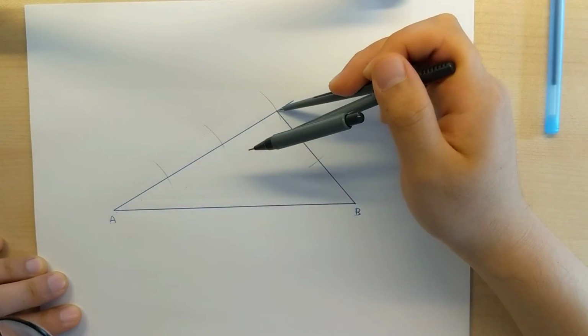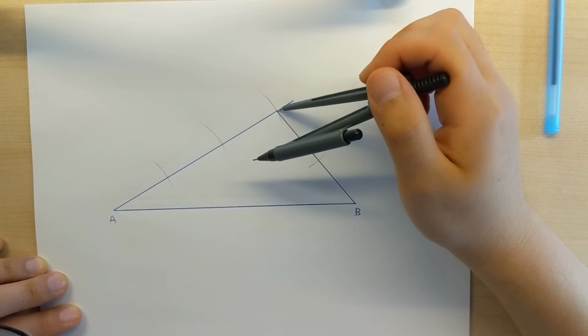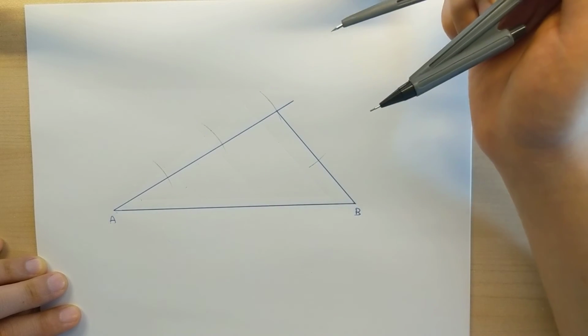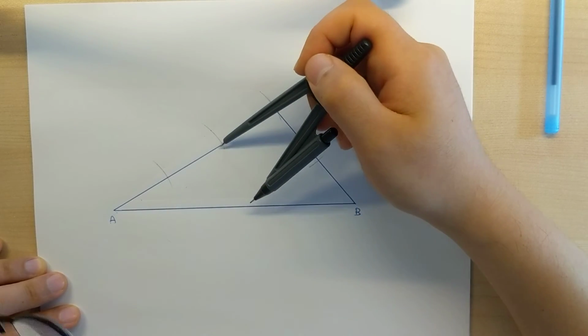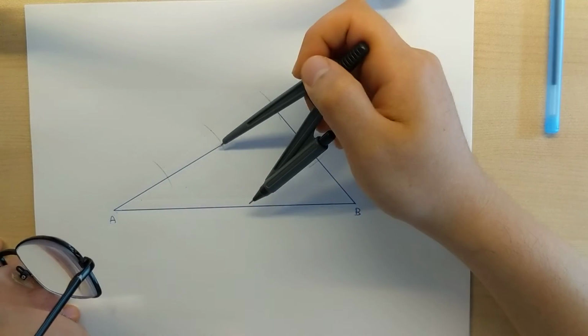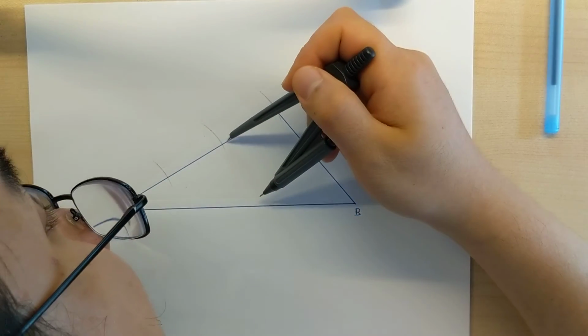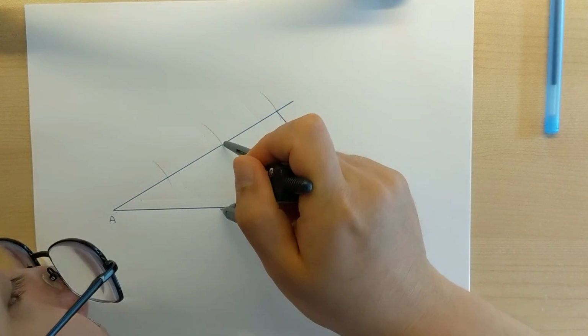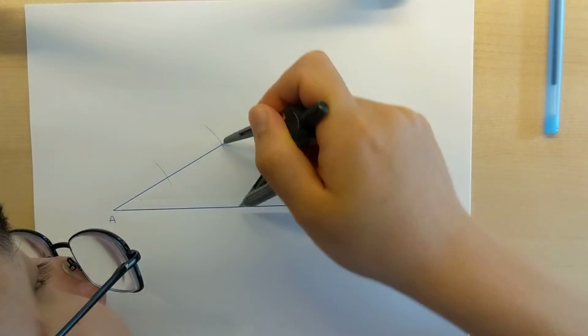Okay? And now I'm going to take my compass, and with each one of these, I will again draw that arc. So I'm going to place my pin here, and I will draw an arc like so.